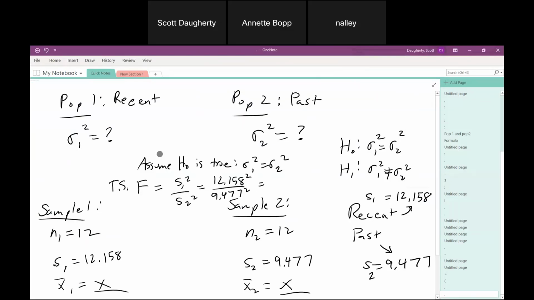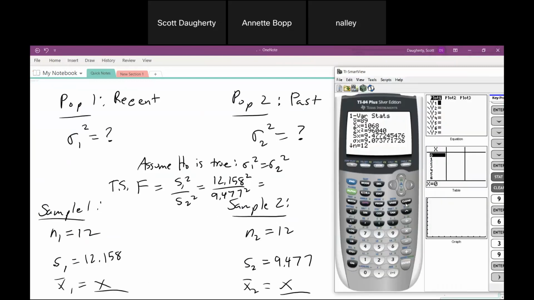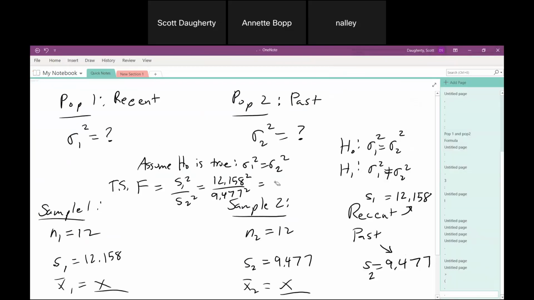And so I'm just going to do that on the calculator and see what we get. Okay, so you get 1.646. I'll just round it off. So that's your test statistic.